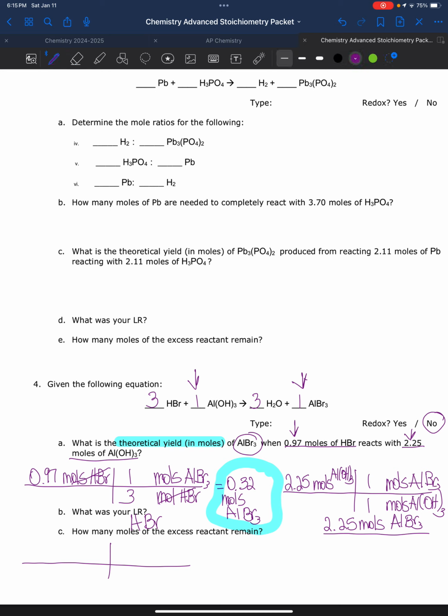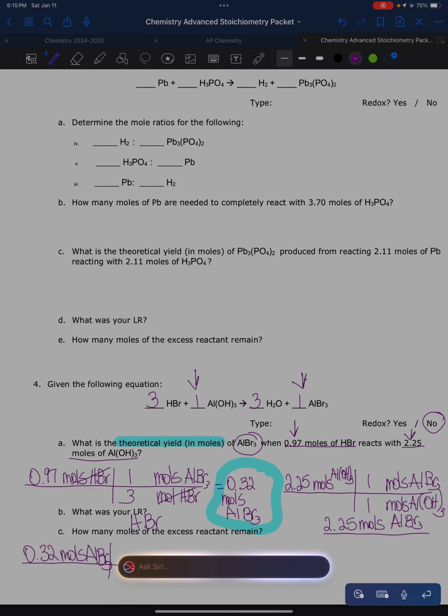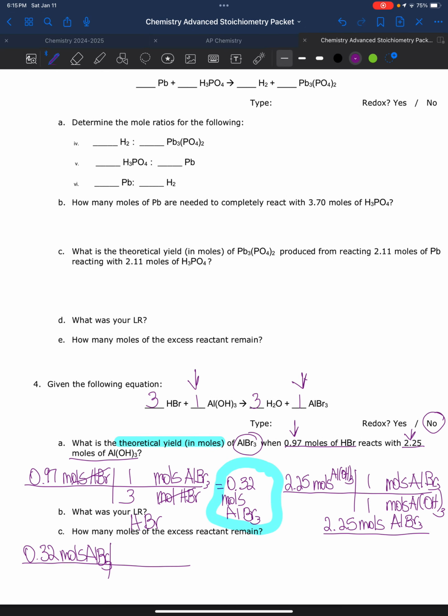I'm going to start with my 0.32. I'm always going to start with my answer from my previous problem. So this answer comes right here. There are several ways that you can work this. If you find a way that works for you better, you're welcome to use it. This is just the way I like to teach it.